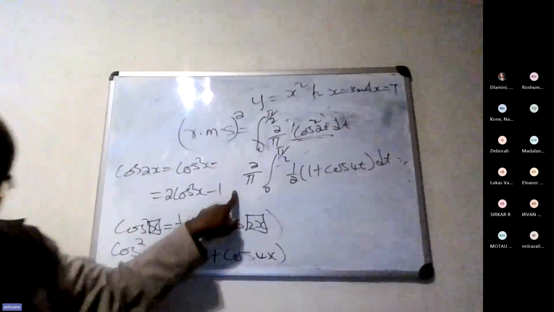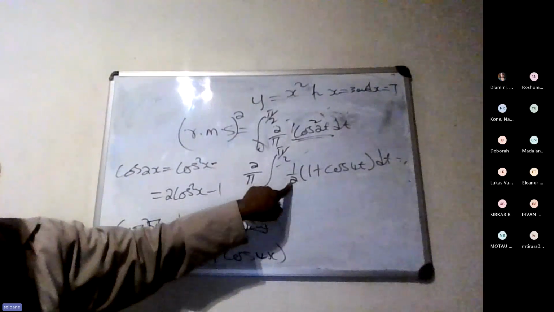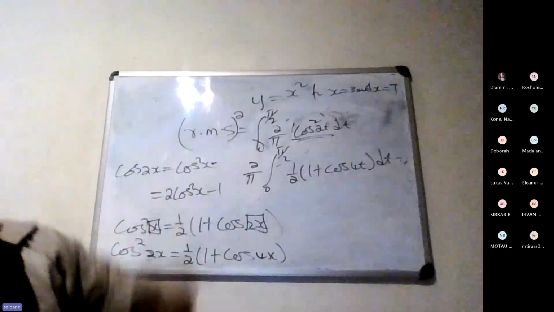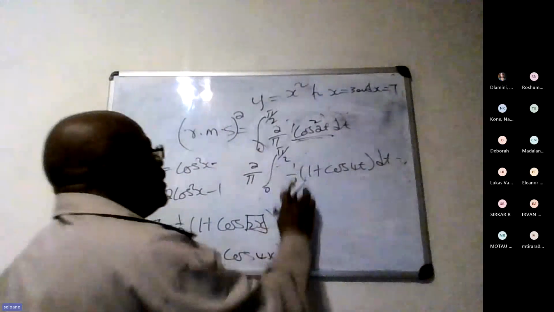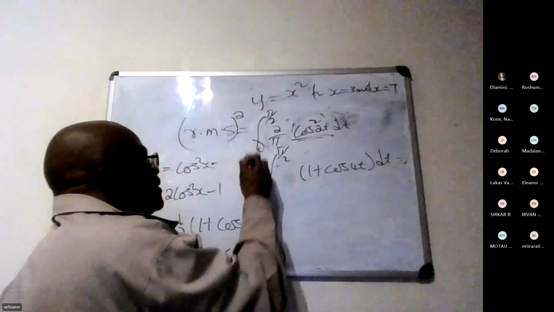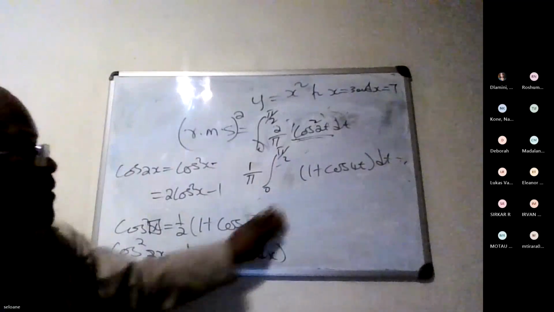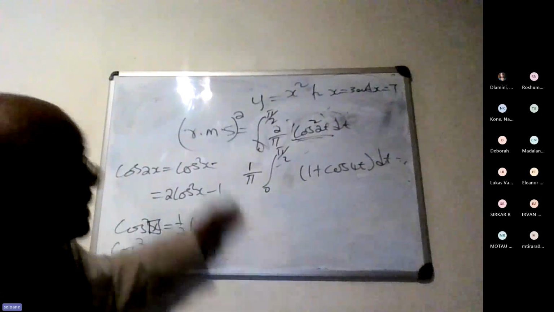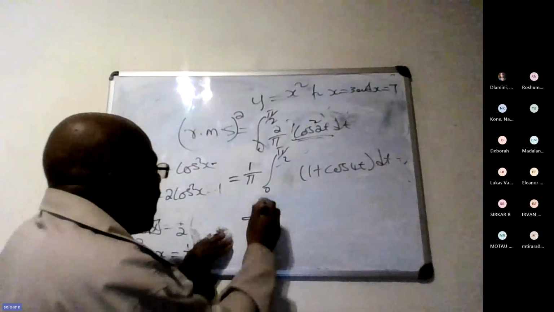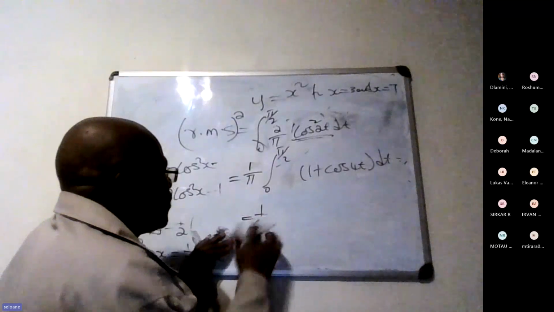The 2 of the half and the 2 of pi cancel each other. Then you are now integrating this, and this will be 1 over pi.